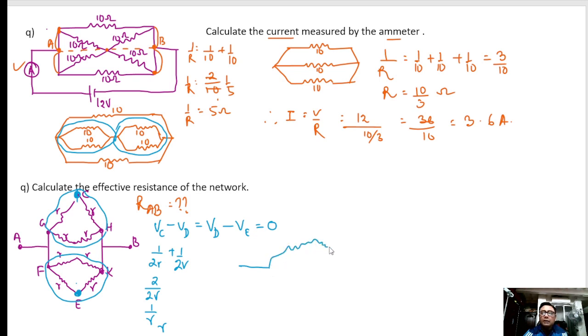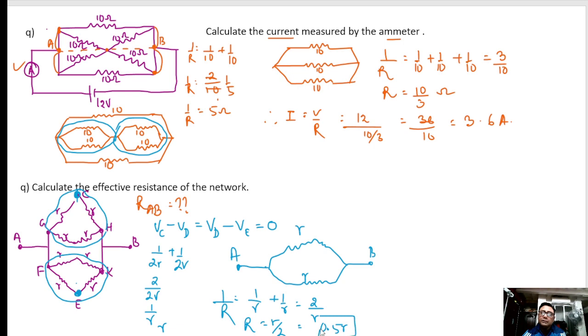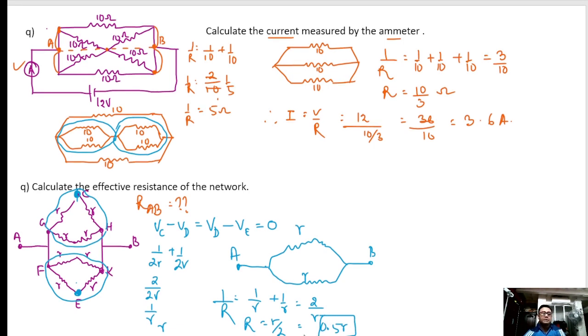Okay, here is the resistance R, and here is the resistance R. So here is A, and here is B, and here is R, and here is R. So what is the net resistance? 1 by R plus 1 by R, which is 2 by R. Therefore R is equal to R by 2, which is 0.5 R. And this is the answer of the effective resistance. Clear?